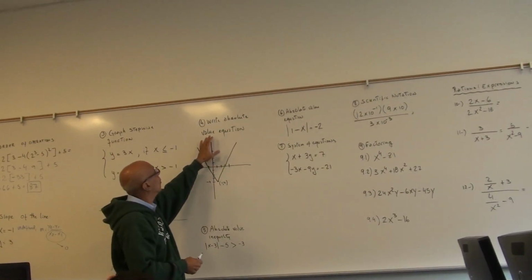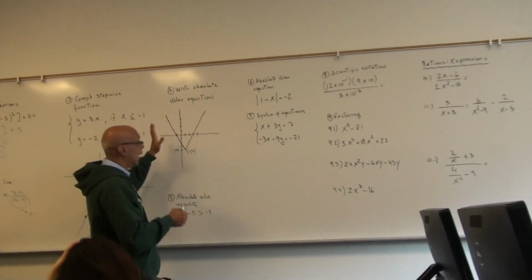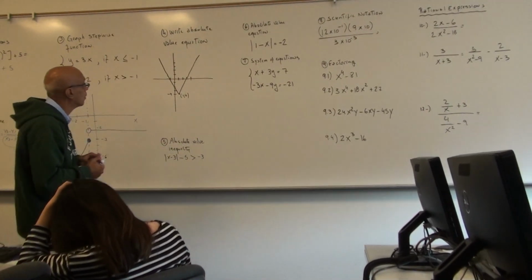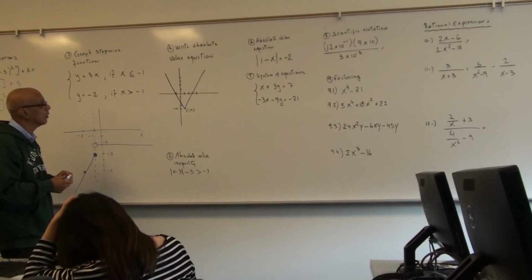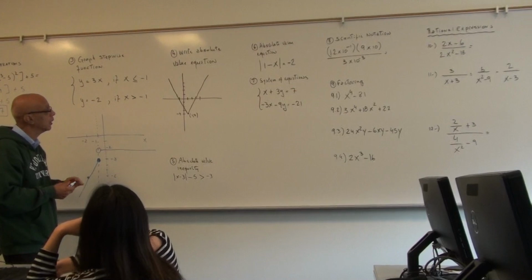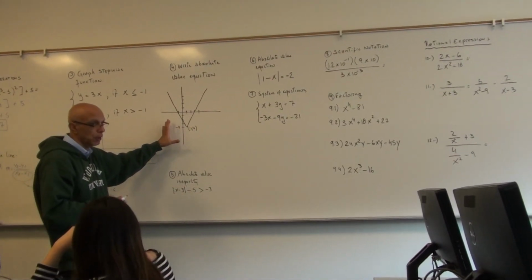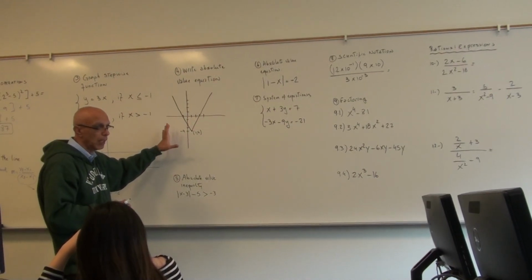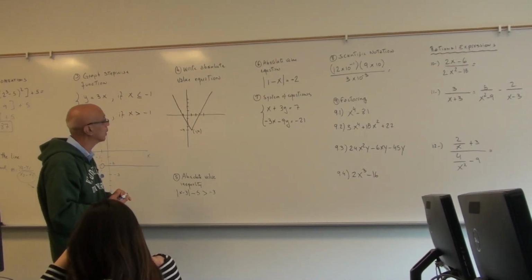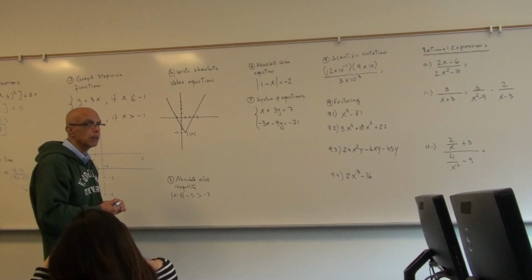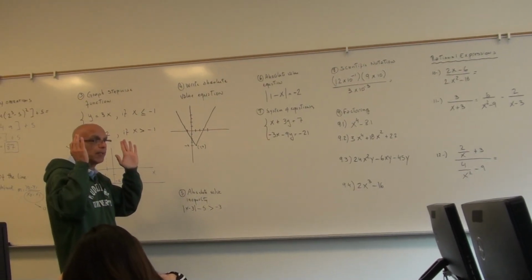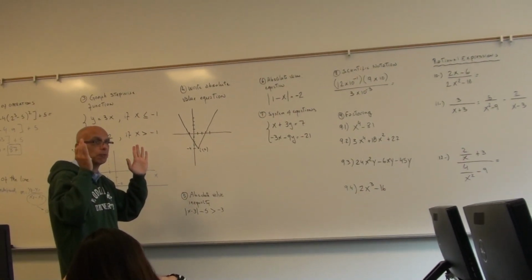Next, write absolute value equation. So now here, this is a typical example that can show up on the next midterm and also maybe on the final. They give you a graph, you need to recognize the function, and you need to write what that function is. So when you see a v, you should right away think about the absolute value function, right?